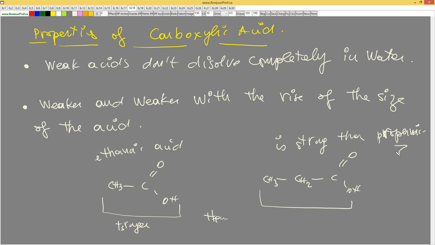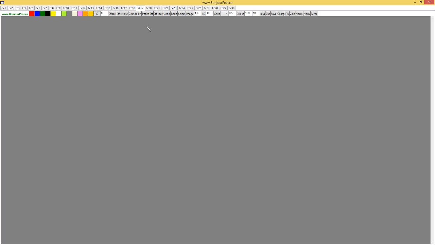Okay, this is said. What are the reactions? What can we do? How do they react? With the acids, we have two reactions. I'm going to write reactions of carboxylic acids.